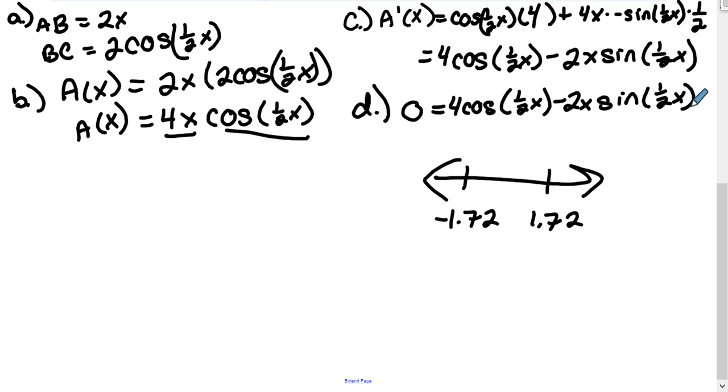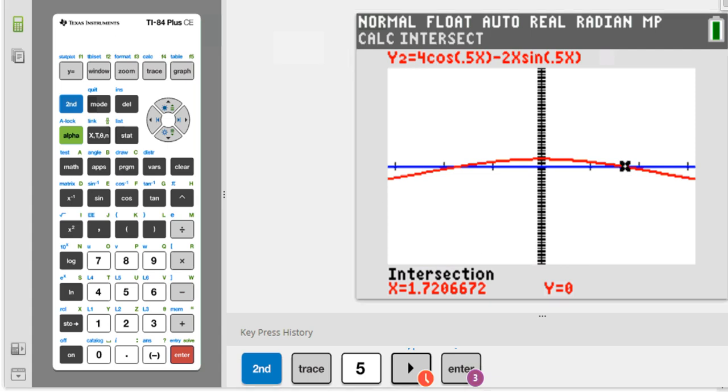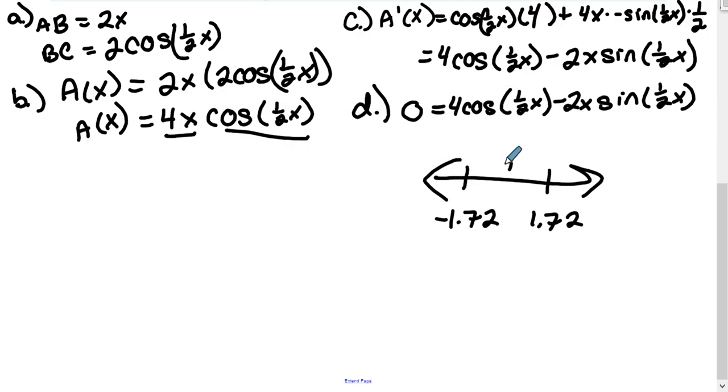But fortunately, I already have that. So I know the values in between here are positive. They're above the x-axis. The values down here are negative, so I don't even have to plug numbers in. I can just do my sign diagram. It is nice when you already have it done. And therefore, since this goes positive slope, negative slope, there is your maximum value at 1.72.